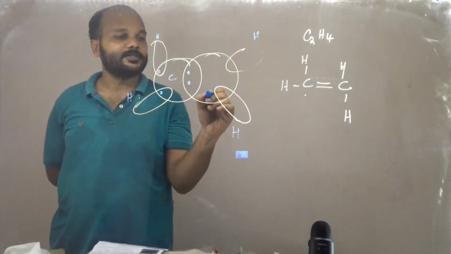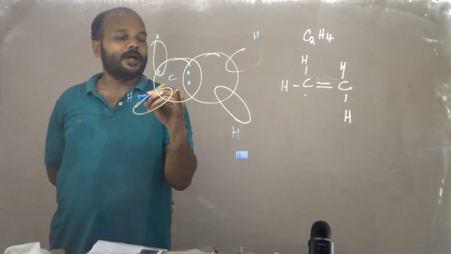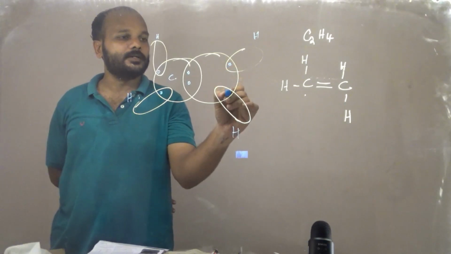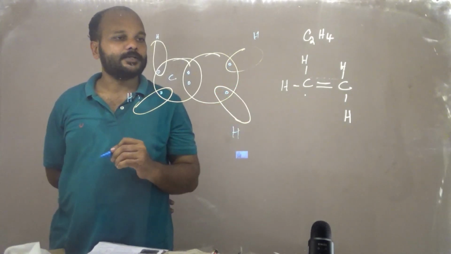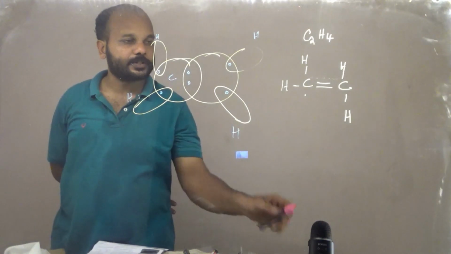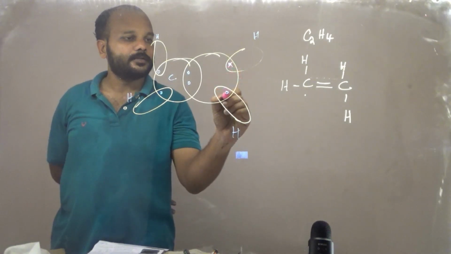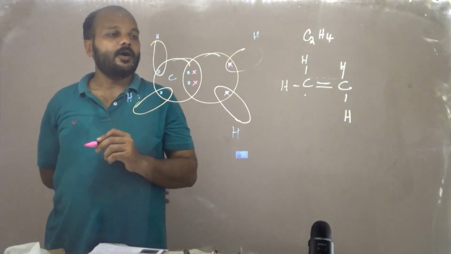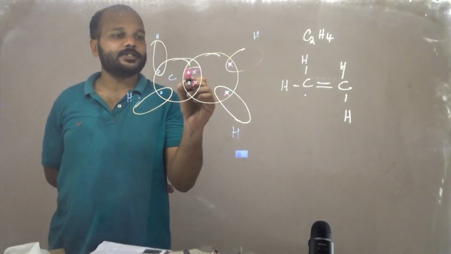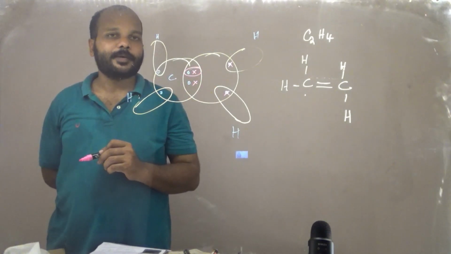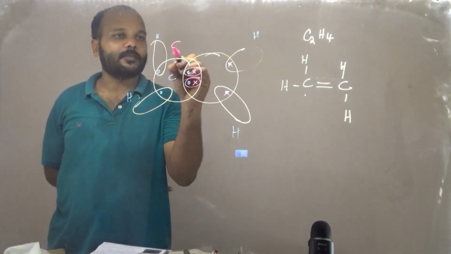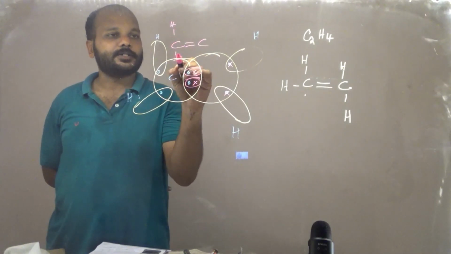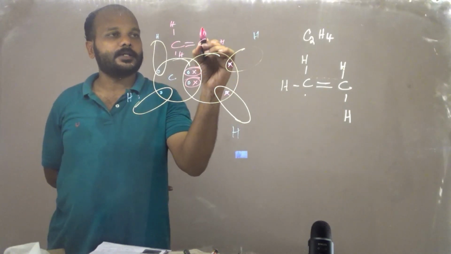For the carbon atom, the electrons are 1, 2, 3, 4. Now you can see these 2 electron pairs are in between the 2 carbon atoms, so it is going to form a double bond. Here it is hydrogen, here hydrogen, here hydrogen, here hydrogen.